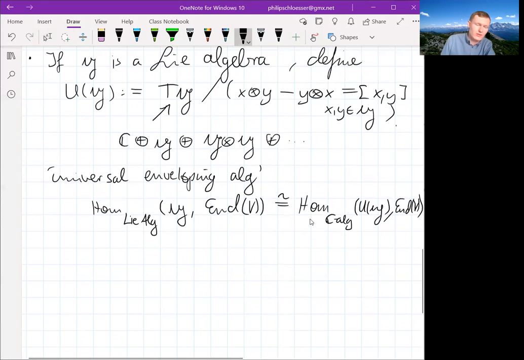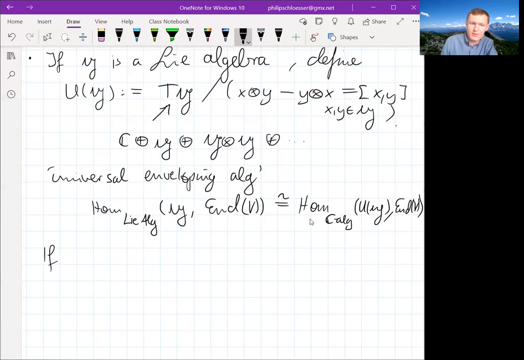One very important caveat about the universal enveloping algebra is that it is not just any algebra that contains the Lie algebra as a subset. It is the most general one.